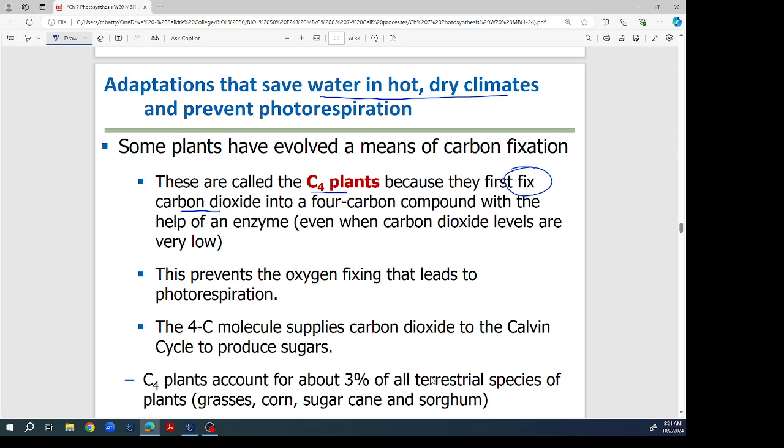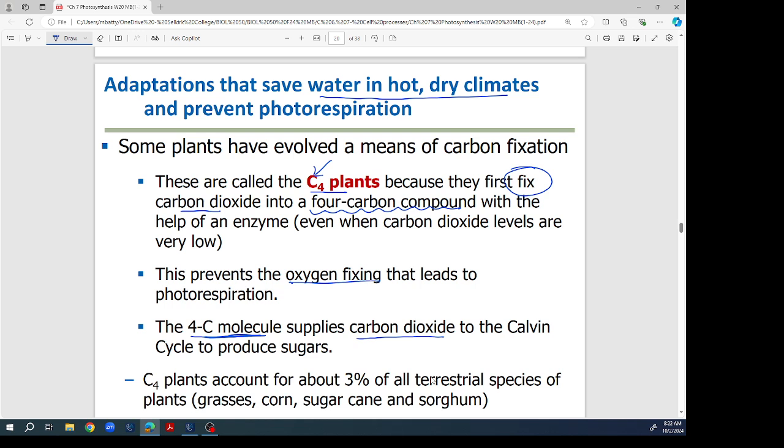They're going to stockpile it into a 4-carbon compound. That's where the C4 comes in. And so this prevents the photorespiration, or the oxygen fixing, right? That is problematic. And these C4 molecules that they make are like the stockpile. So that can supply the carbon dioxide to the Calvin cycle, and so it can keep things going.